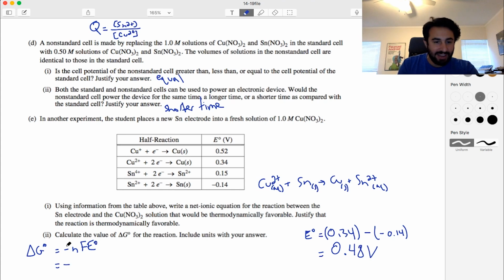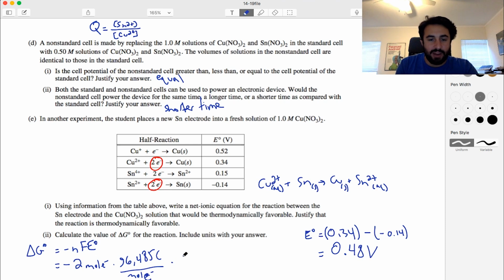Well, we have the negative from right there, and then we have 2 moles of electrons, right? Right here, we know that we're talking about 2 electrons being transferred. So we do need to put a 2 right there. And then Faraday's constant, we can look up: 96,485 coulombs per mole of electrons, right? The charge carried by a mole of electrons. And then we're going to multiply by our E cell, which is 0.48 volts.